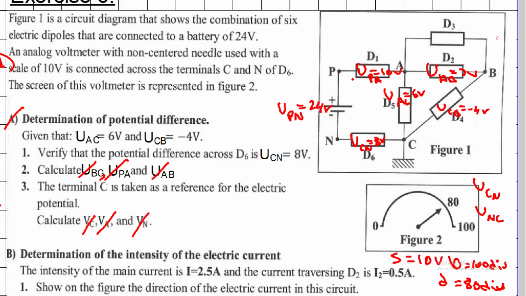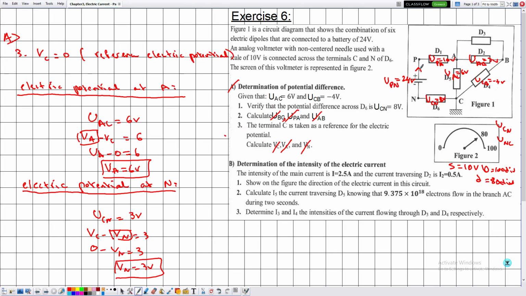So starting from the battery, this is the main current, a main branch. This is a sub branch. All of these are sub branches, and this is a main branch. So the current traversing the main branch is given by I equal to 2.5 amperes.